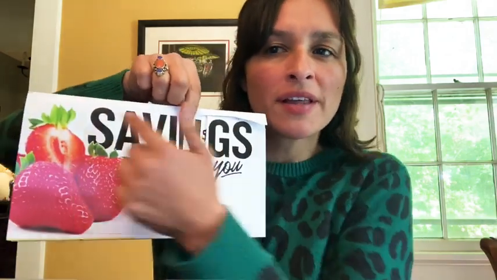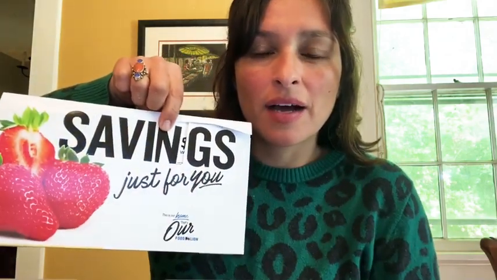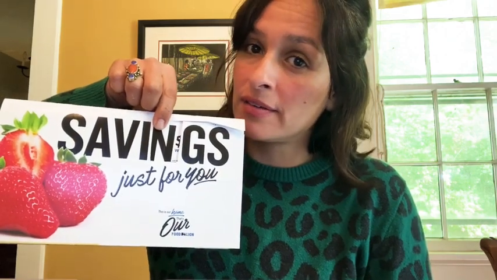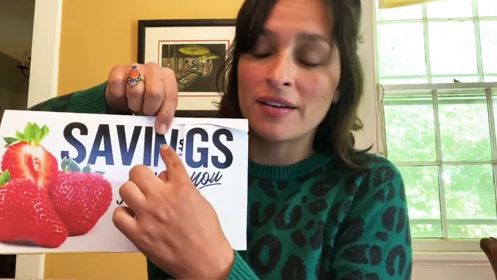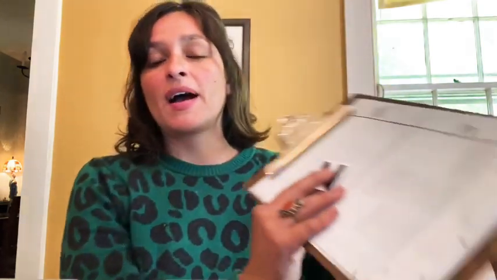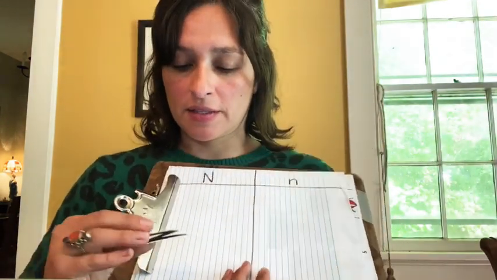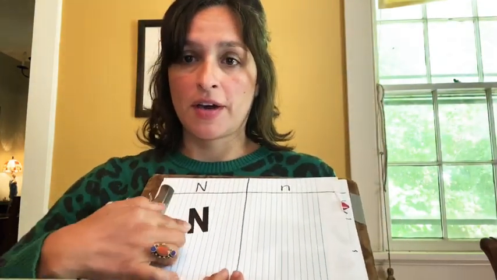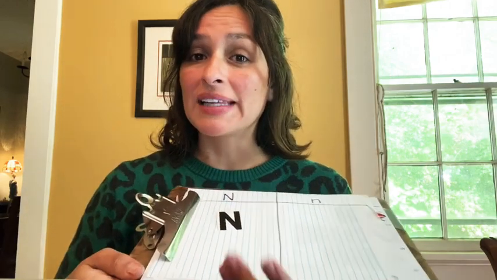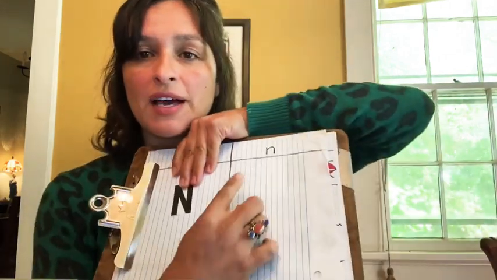I already started cutting, that's why this is weird. Do you see the letter N? A big N or a little n? Yeah, right here, right? And I already cut this. Ya lo corté. So you take this and you can glue it, pueden pegarlo, or you can just place it like this. Okay? And then we're gonna look for the little n. Vamos a tratar de buscar la pequeña n.